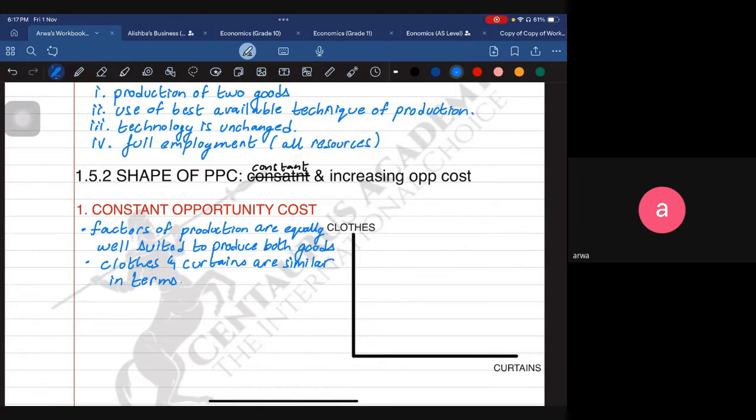This is an important point from the point of view of when you will be writing down the evaluation for the questions which are going to come in past papers regarding this. Both of these points are part of this. And the products are homogeneous.